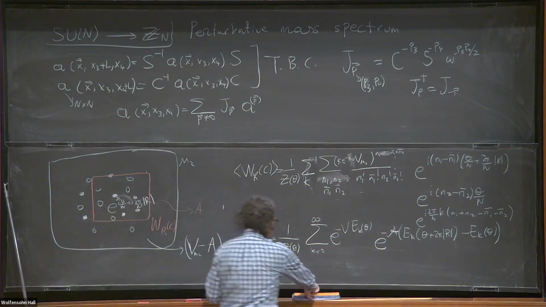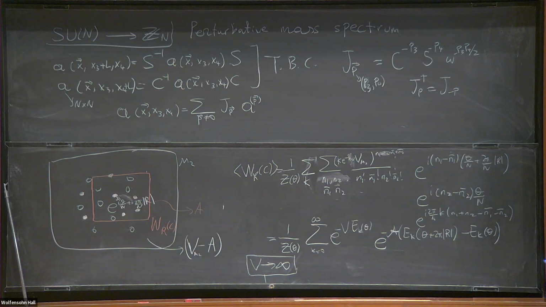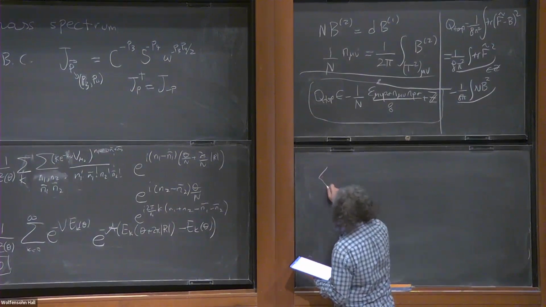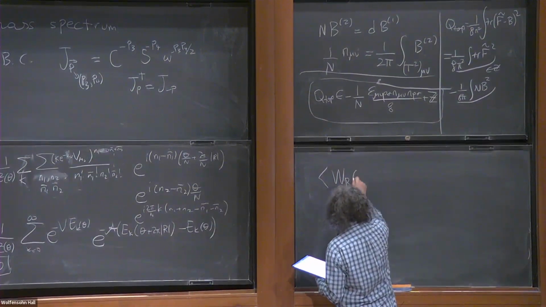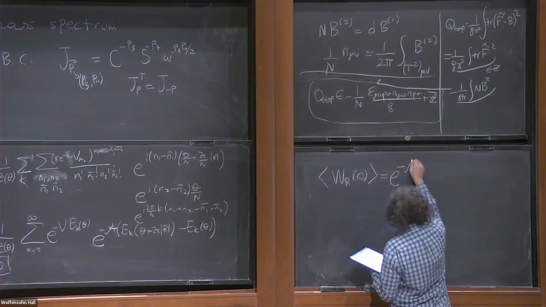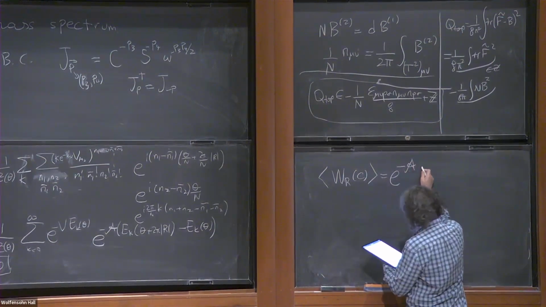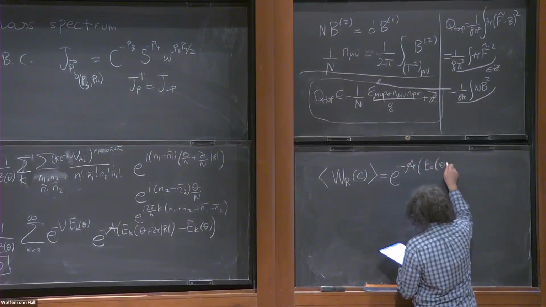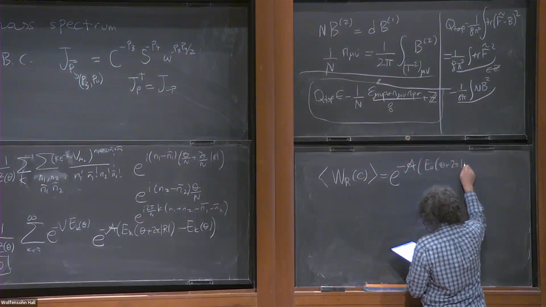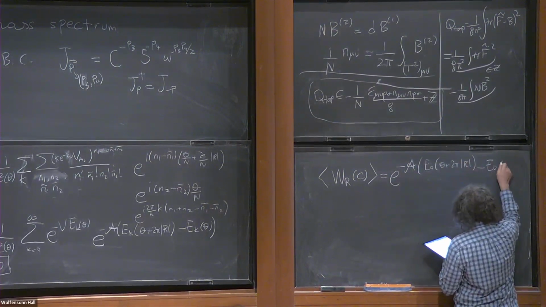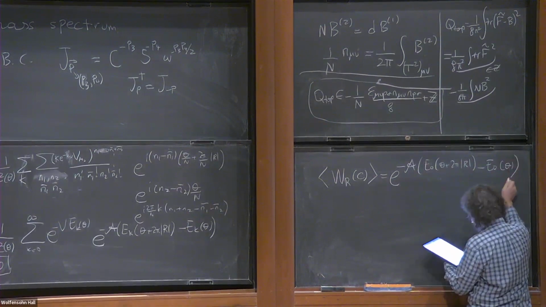And you can immediately see that the Wilson loop expectation value of R of C becomes exponential minus area times E_0 of theta plus 2 pi R times the n-ality of the representation, minus E_0 of theta.